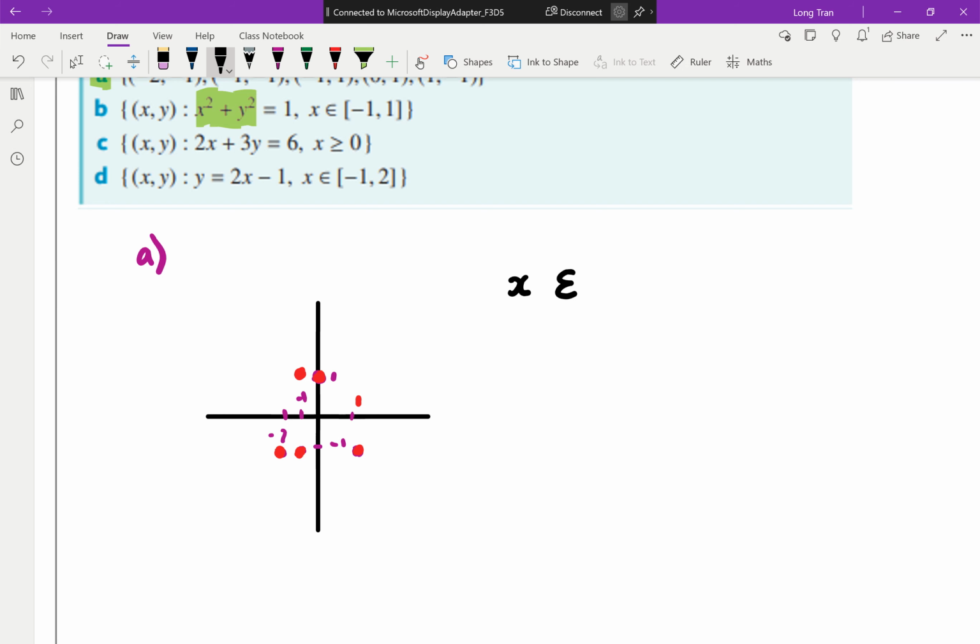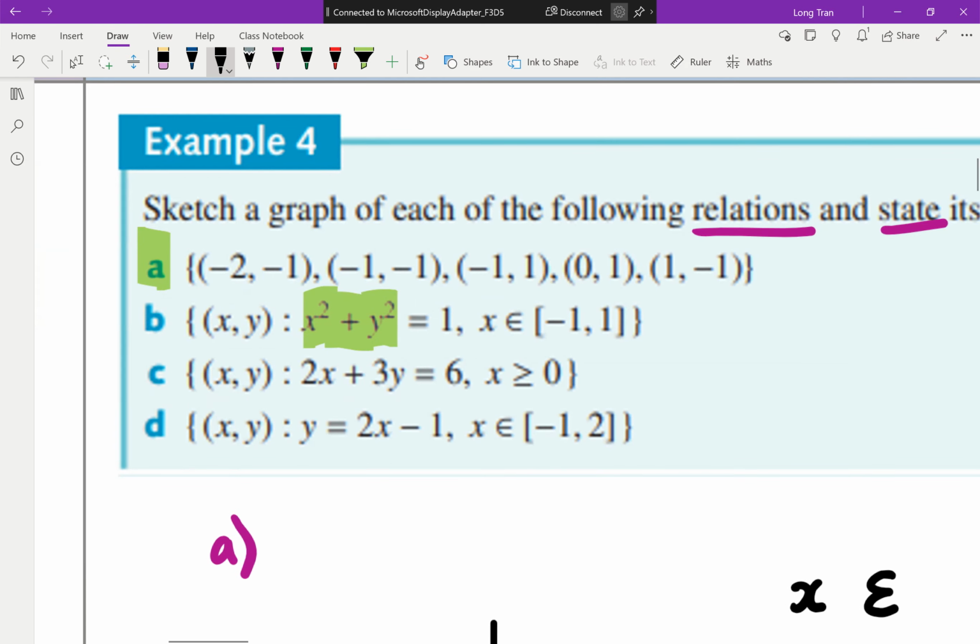What's my greatest value on the X axis? It's the greatest value that I can have based on these coordinates here. What's my greatest value? 1. Or you can actually order it if you want. You can highlight them. -2, -1, -1, 0, 1.